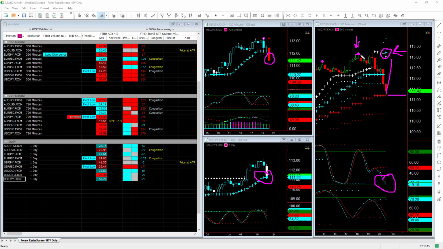But if you extend a line off of that, okay, you can see they came back to test it here. And when they tested it, they formed a bearish bar. That could potentially be a bull trap, okay? And the bull trap, the way it works is it comes down and they're testing for support.